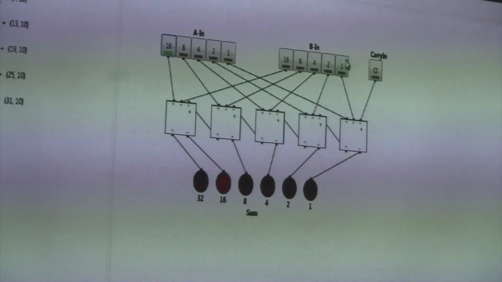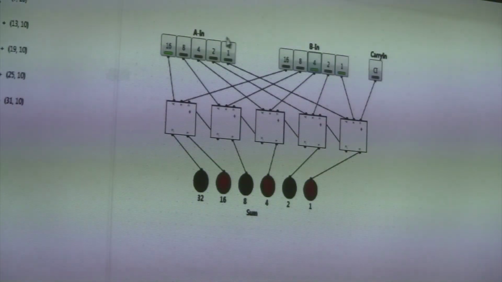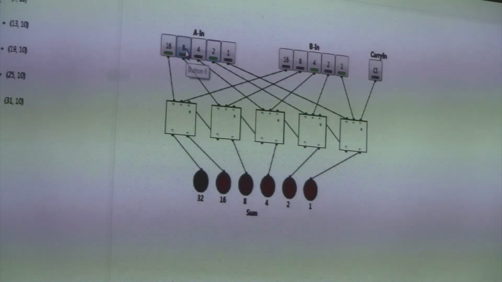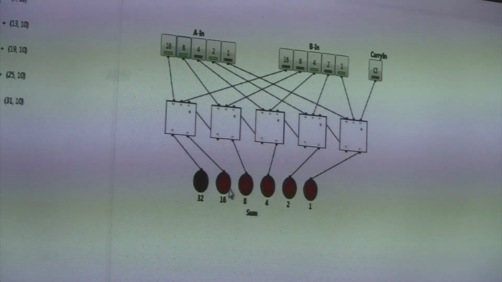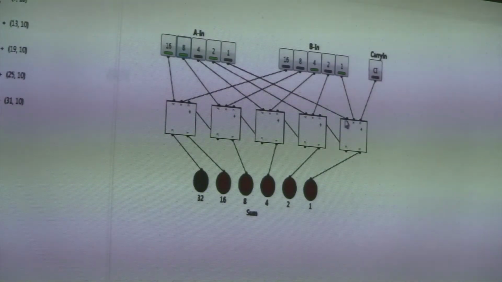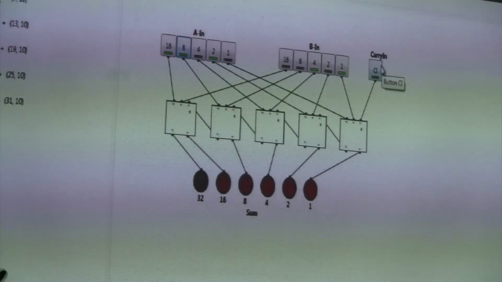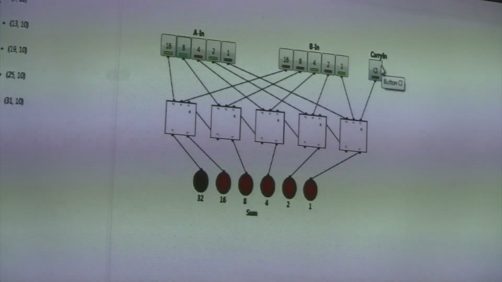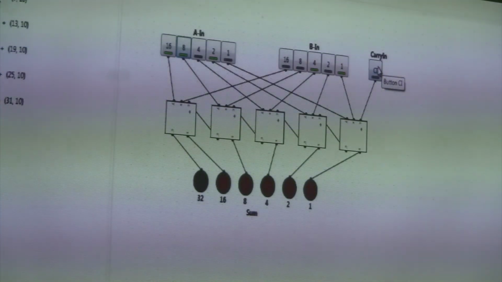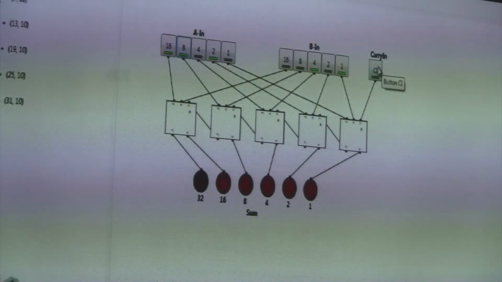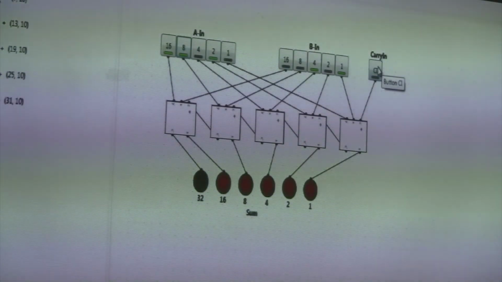So I got 16 plus 1 plus 4 plus 2 plus 8, all those are off. So that's easy. And if I have this whole circuit and another one just like it, I can carry in from another group of these, and you can just go as long as you want.